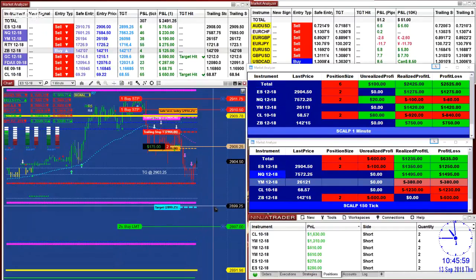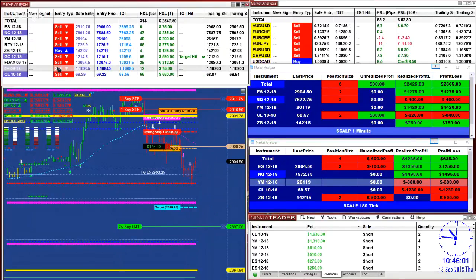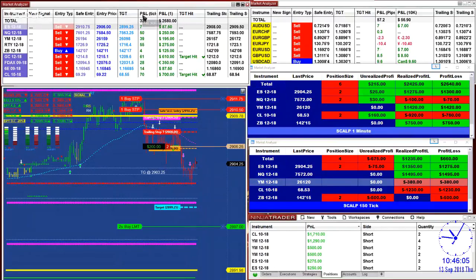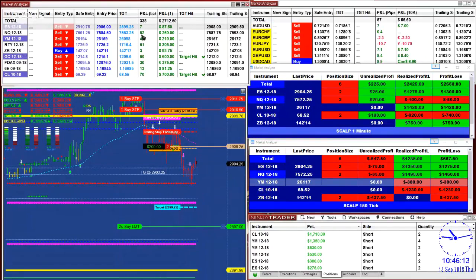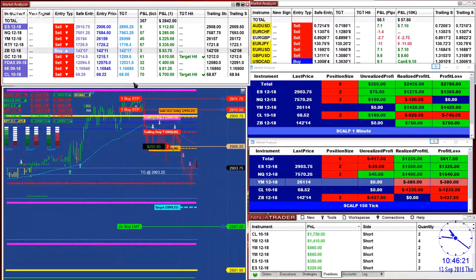We have here in this room today a total of 315 ticks: 2,680 ticks on the ES based on one contract, 50 ticks on the NASDAQ, 44 ticks YM, 65 ticks Russell, 3 ticks on the 30-year Treasury bond.